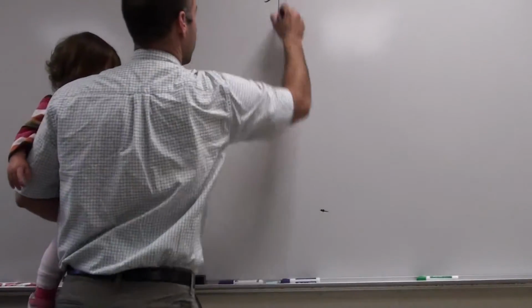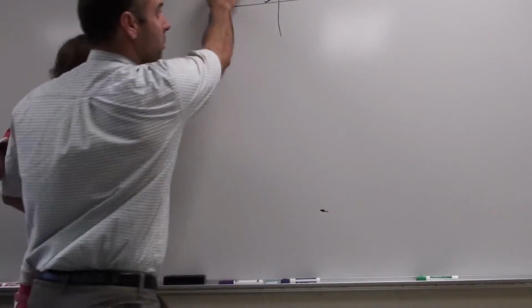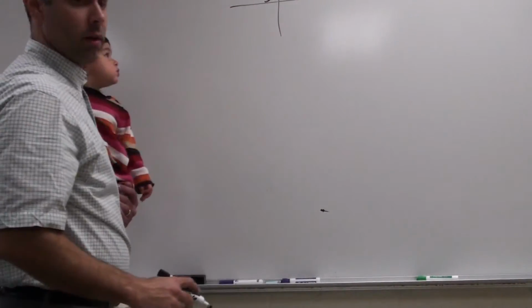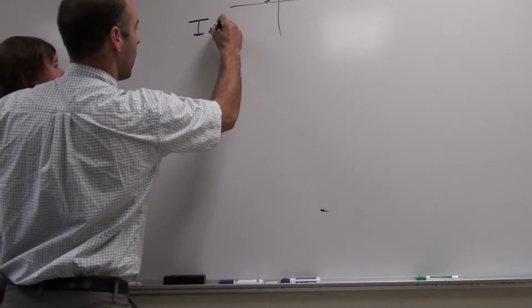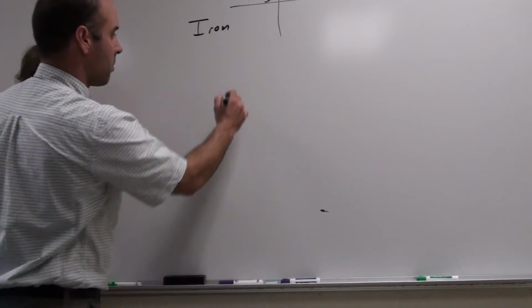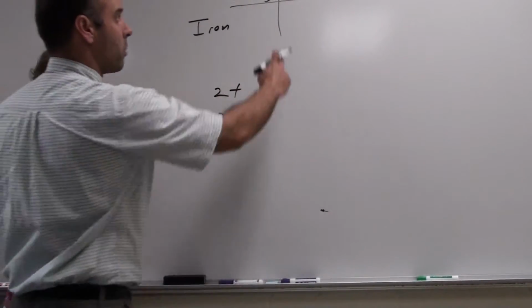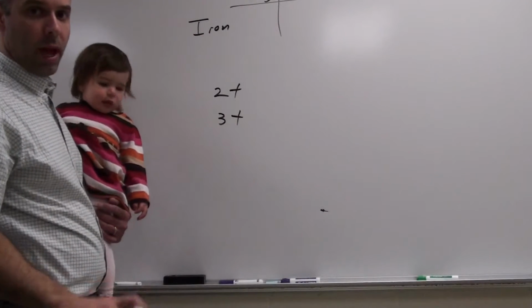First, you realize this breaks into 2 parts, the metal part and the non-metal part. You name your metal part. Fe is iron. Now iron can be more than 1 charge. Iron can be a +2 or iron can be a +3. But the PO4 part, we know the name of that.